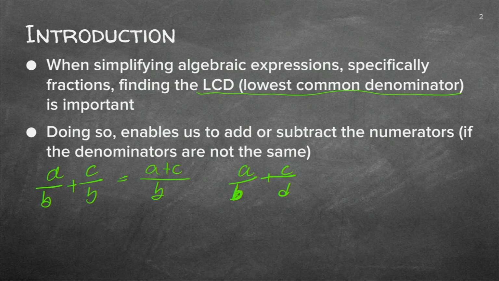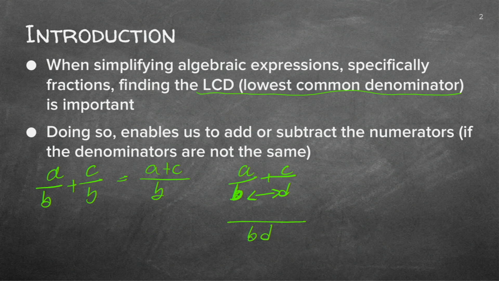As I always suggest, and have also said in previous videos, you need to ensure that you find the lowest common denominator. If you struggle with that, simply use this method. You multiply the denominators together first, so you will have bd.